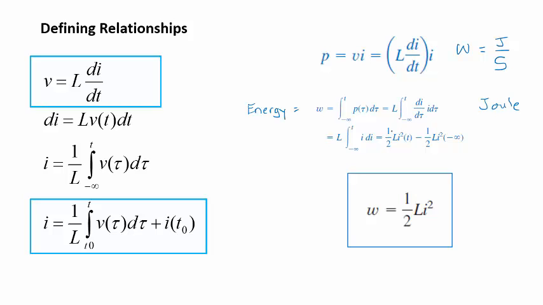And so just doing the calculus right here, you will get that energy equals 1/2 Li squared. Remember, for a capacitor it was 1/2 CV squared. So they have some similarity, but I have an I here instead of a V here like I do for a capacitor. So that's in joules. Energy is in joules.